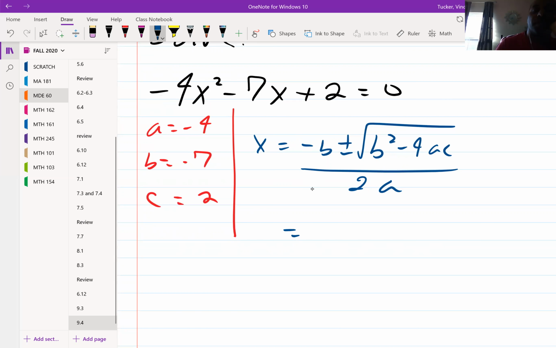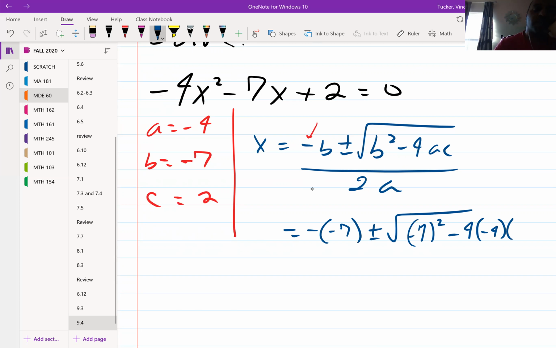So here, don't forget that there is a minus sign in the formula that's sitting in front of b. And also we're plugging in negative 7. So that is going to be negative 7 plus or minus the square root of negative 7 squared minus 4 times negative 4 times 2, all over 2 times negative 4.